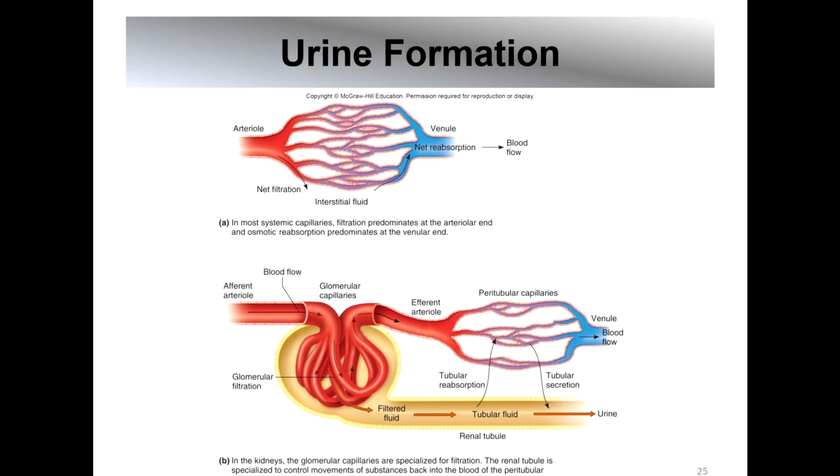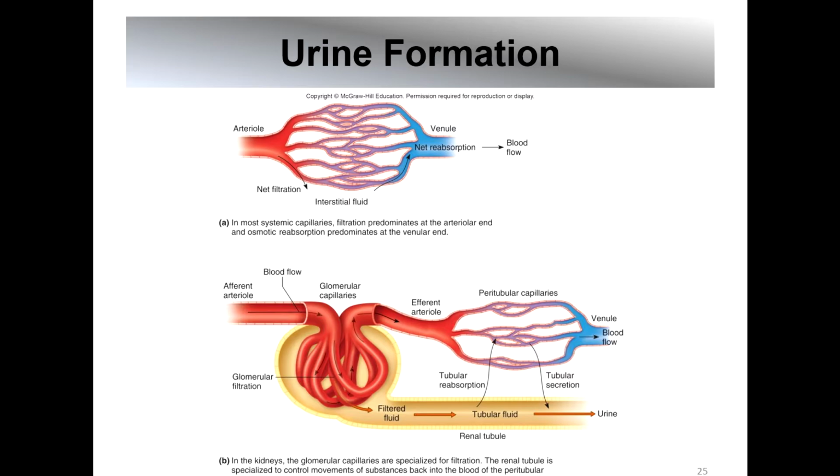Now, filtration occurs here in the capsule where water and dissolved substances are pushed out into the capsular space. They're filtered out, and so this is filtration. That filtrate moves through the tubule. Reabsorption is where maybe there's something in the filtrate that we don't want to get rid of.